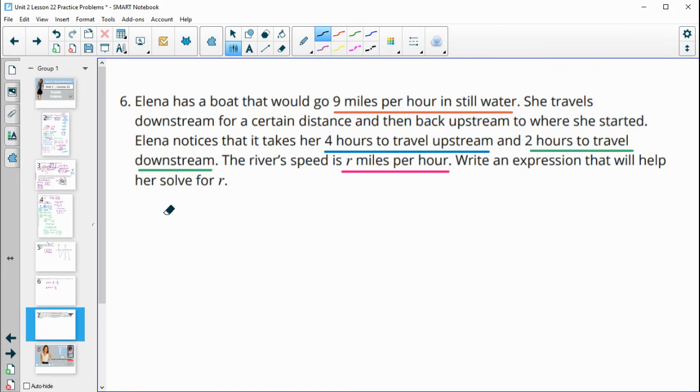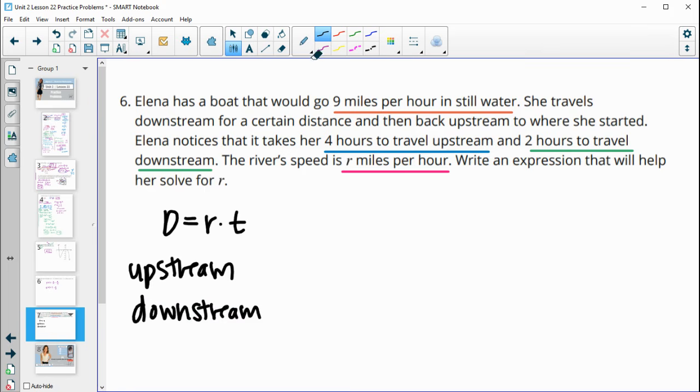So for this, you want to remember that distance equals rate times time is a formula that we know. And so we're going to set up two equations here. So one is going to be our upstream equation, and then one is going to be our downstream.